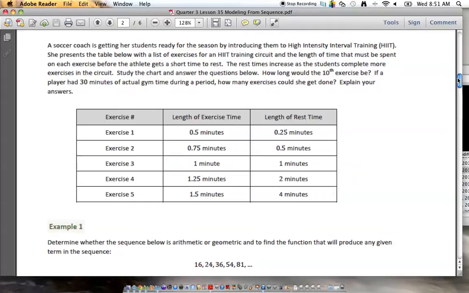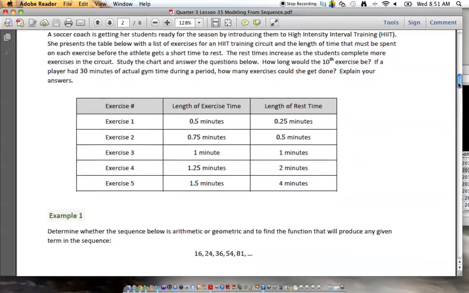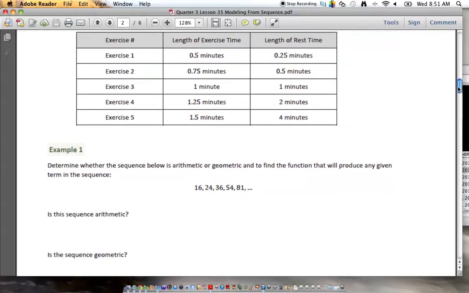How long would the 10th exercise be? Notice they're not asking about the length of rest time here. They're asking how long the exercise time will be.